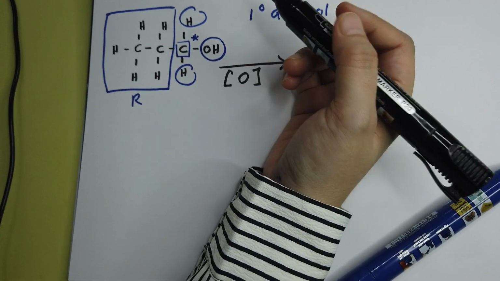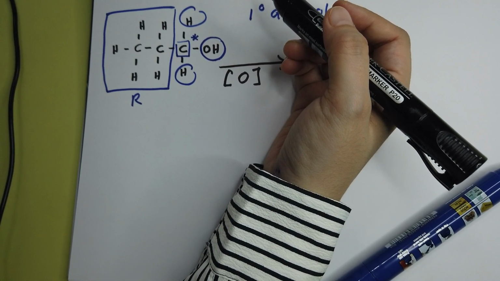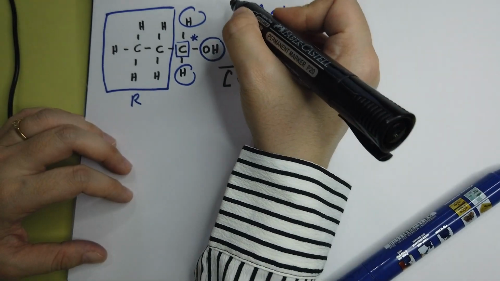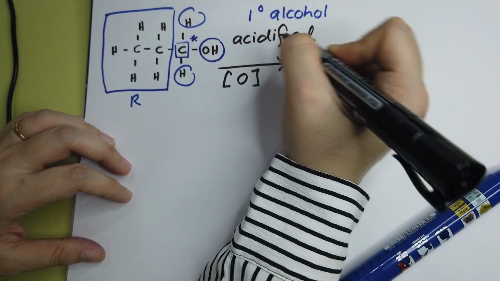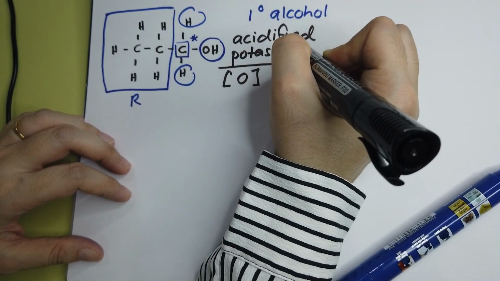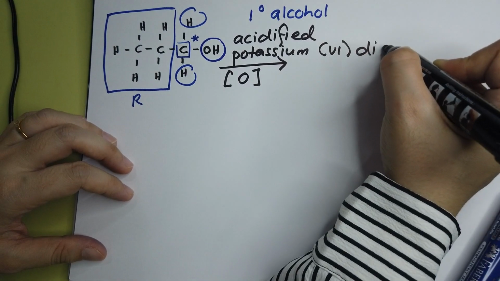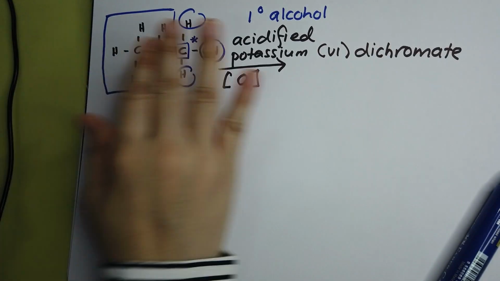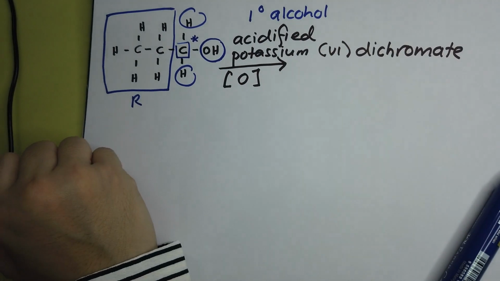So you need to put in acidified potassium dichromate. Please remember this. You need to have this in order for the reaction to occur.